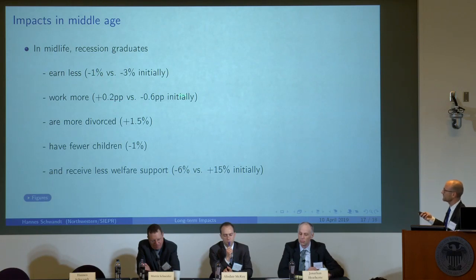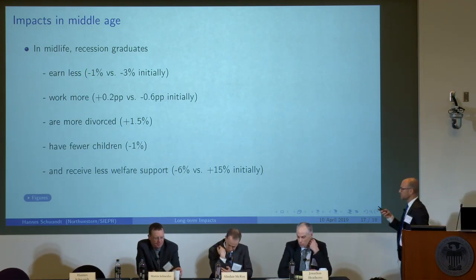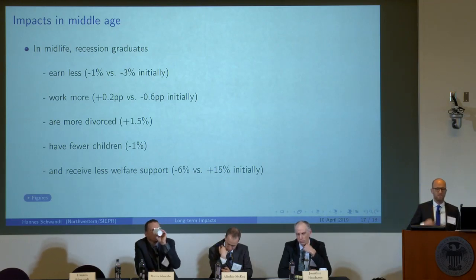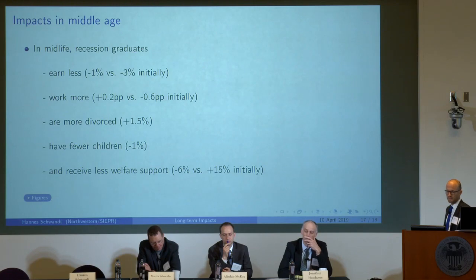We see that people earn less. We see that people actually work more. So labor force participation is, if anything, increased. Initially it's decreased, right, if you graduate in a recession. In the longer term, and that's particularly driven by women, they are more likely to be in the labor market. People are also less likely to be married and more likely to be divorced. And they are more likely to be childless, with similar magnitudes in percent.